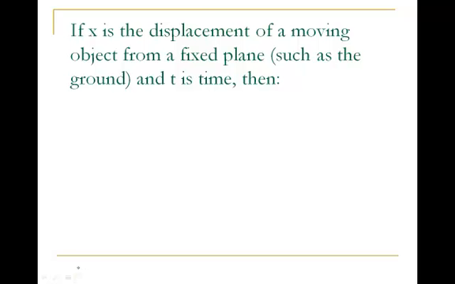One last thing. This is on page 96 in your book. If x is the displacement of a moving object from a fixed plane, and t is time, then, and this is just kind of a recap, velocity is x prime or dx/dt.